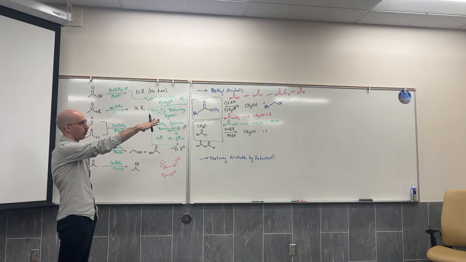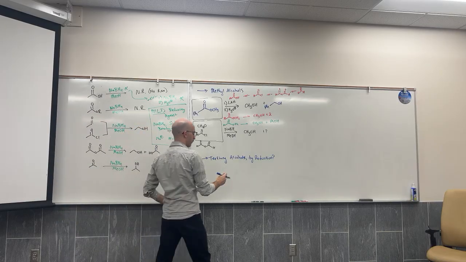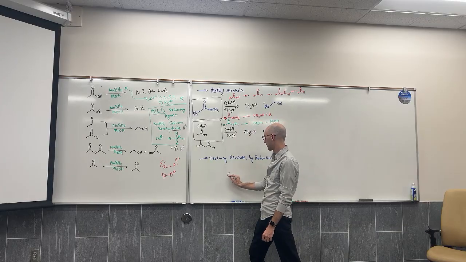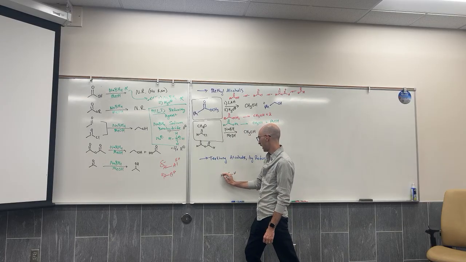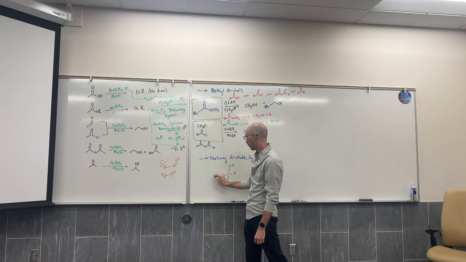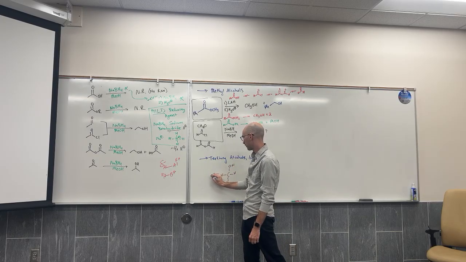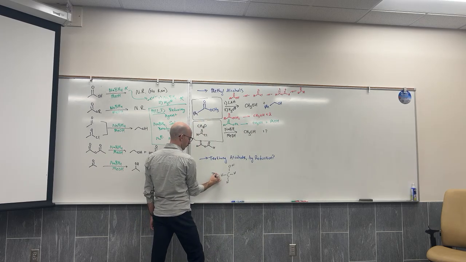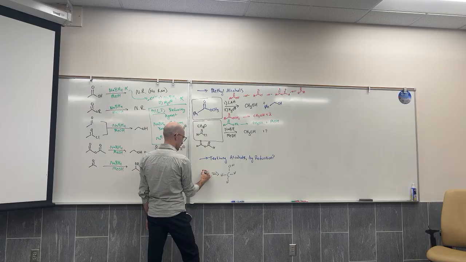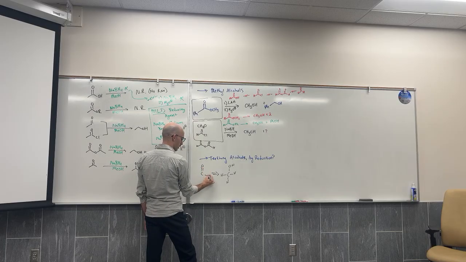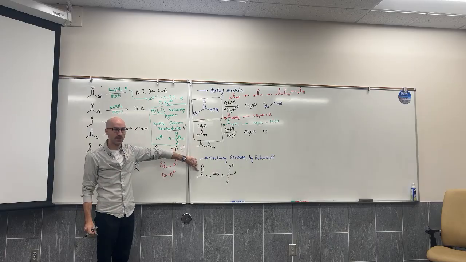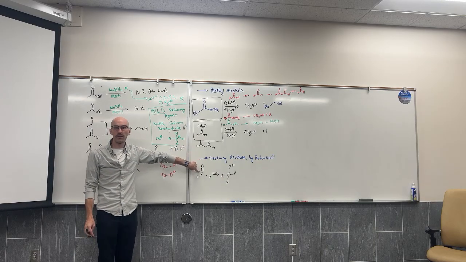Now, part of what I had wanted you guys to see up above was how we can take this CH3OH and reverse it: take away a hydrogen from the carbon, take away a hydrogen from the oxygen, and you've got formaldehyde.